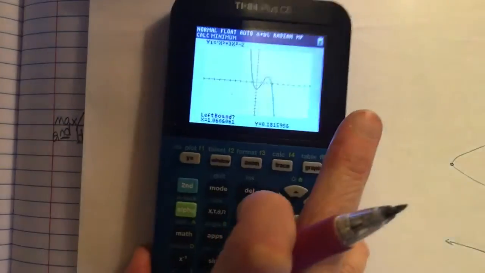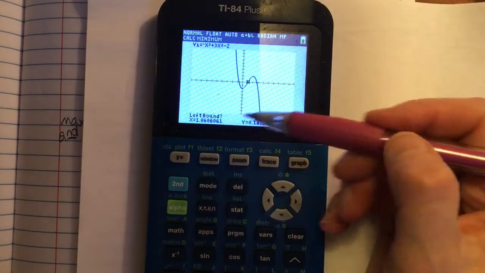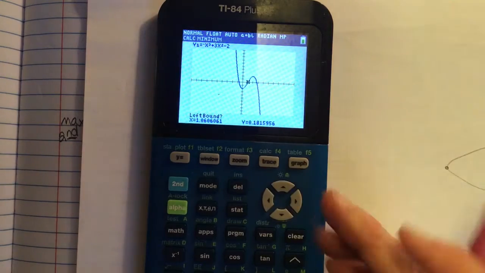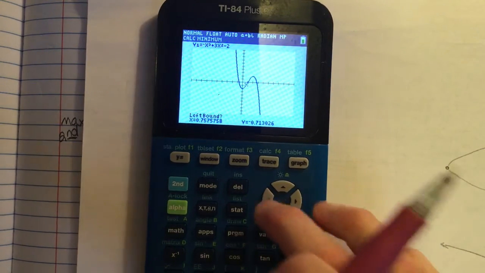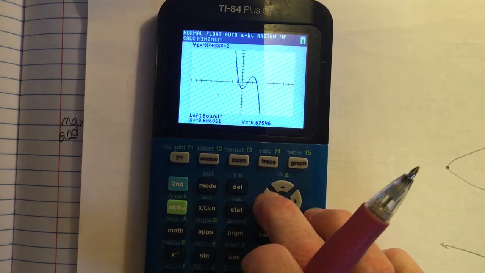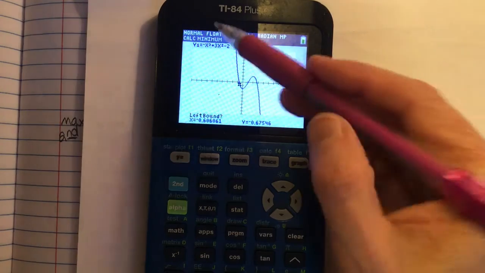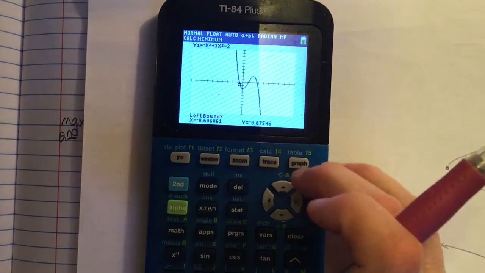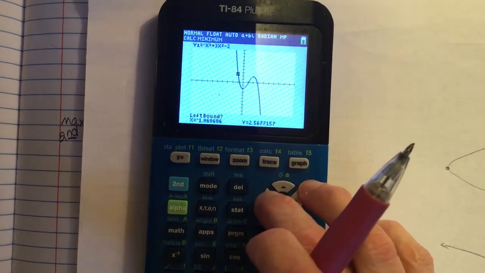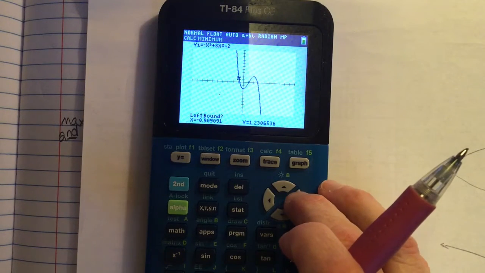And it's telling you that because it's saying left bound. So that means the left side. So you're going to just use your left arrow key, and arrow to the left side of the point you're trying to find, which is the minimum. It tells us we're trying to find the minimum. And I'm going to do the left of it. Now, I can go over here if I want to. I just need to go to somewhere to the left of it.